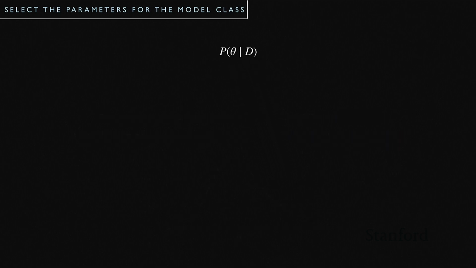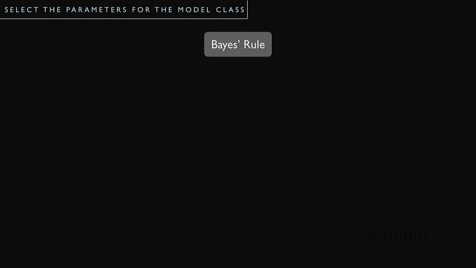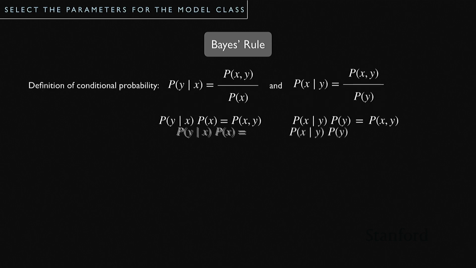So we talked about how we can do that, and it turns out we want to model p theta given d, but we don't know how to compute this directly. What's nice is that we do know how to compute p d given theta, and in fact that's what we needed to do for maximum likelihood parameter learning. Then we said, if we can only compute p d given theta, we need to use Bayes' rule, so we derived that from the definition of conditional probability.